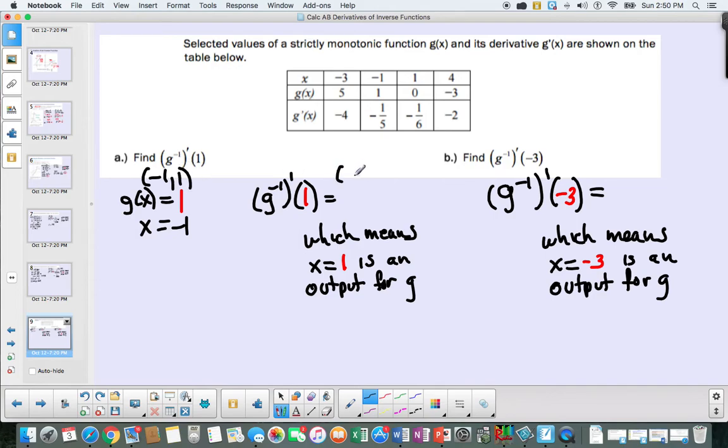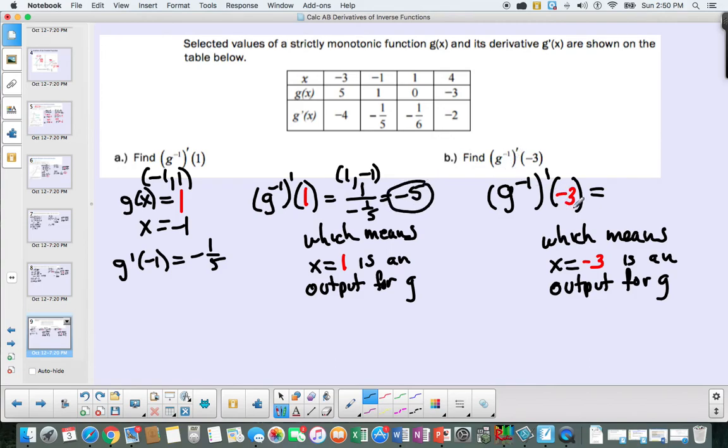This point will be 1 comma negative 1. These are going to be the reflected points. Now g prime of negative 1, I'm going to use my table. Here's negative 1, and g prime is negative 1/5. So to find the derivative at 1 would be the reciprocal, 1 over negative 1/5, which means it's negative 5. And here's the answer.